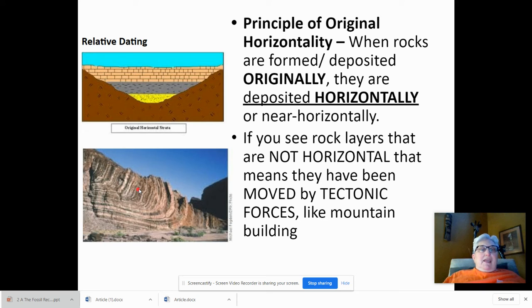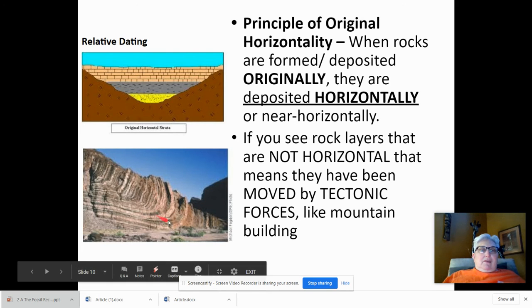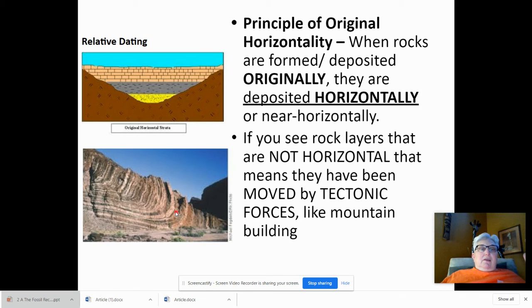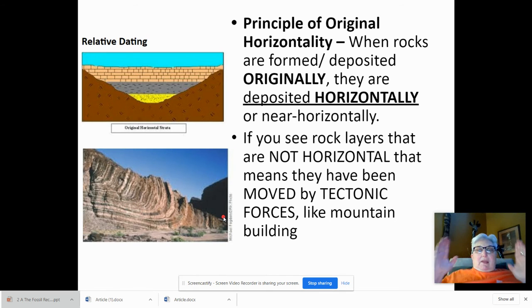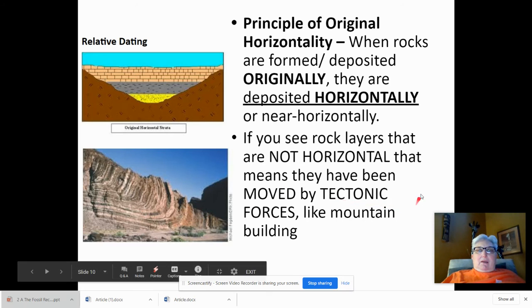That means that they had to have been moved, right? Something moved this particular rock, usually along a plate, and this is what is involved in what we call mountain building, which we'll look at when we look at the rock cycle. But what happens is continents or rock come together, and when they hit, they push upward, and that's exactly what's happening right here.